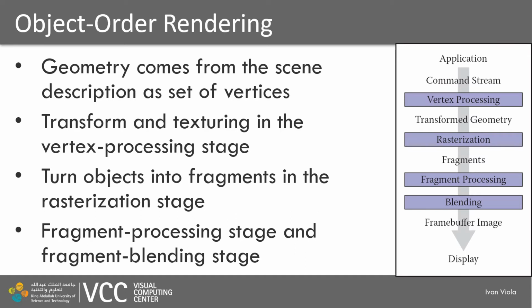So after this stage, we have transformed the geometry, and this geometry not only contains the vertices as primitives, but on these vertices there could be additional information stored, so-called vertex attributes, such as, for example, texture coordinates, or, for example, per vertex normals, etc.